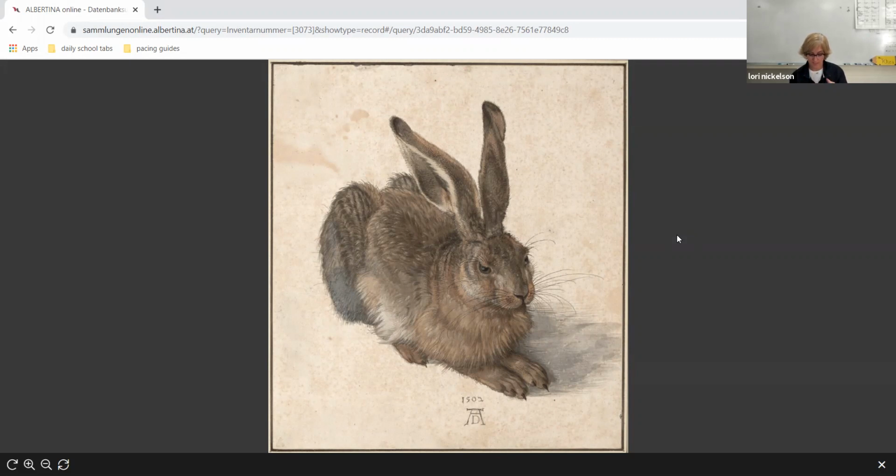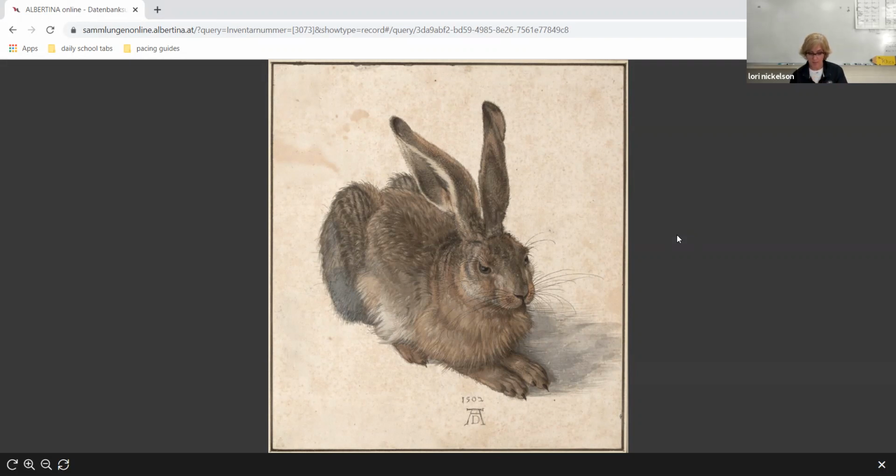Well, this is a painting and it's in watercolors. It was made in 1502 by an artist in Germany named Albrecht Dürer. And this image is only about a 9 by 10 inch square.